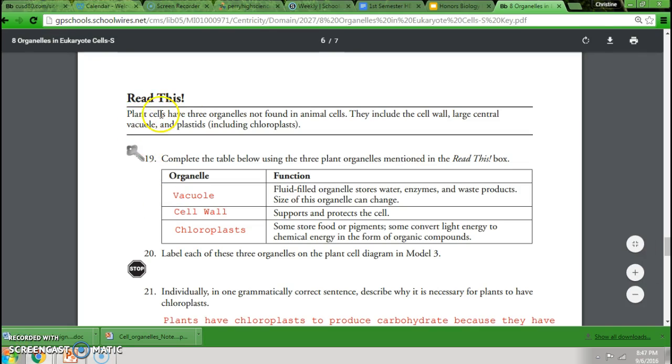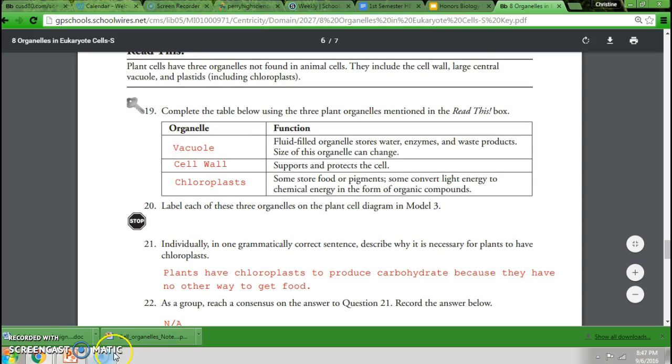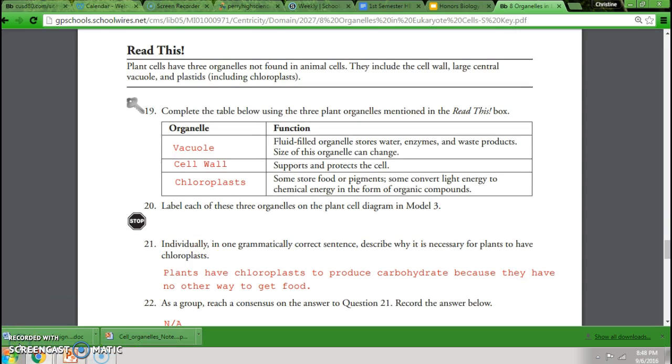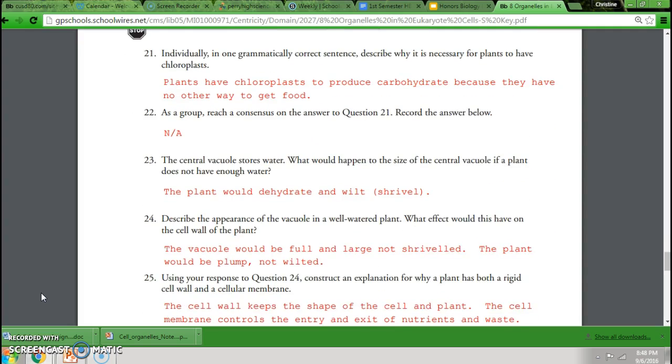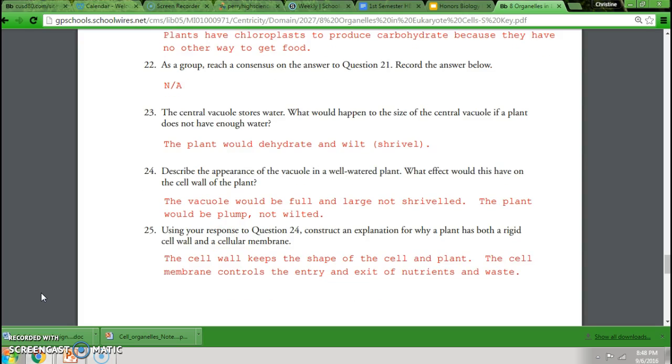Now this section where it said read this, you may not have done this because I don't think I assigned it, but if I didn't, you can go ahead and fill it in. And then questions 22, you can skip, but 23 through 25, make sure you get those written down.